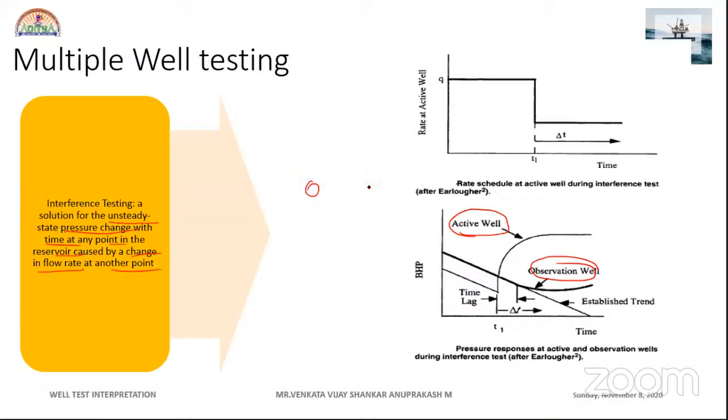So you have one well here, another well here. Because of the pressure pulse, you will have some response. Of course, some time lag will be there, but obviously there is some effect. That is nothing but this trend.